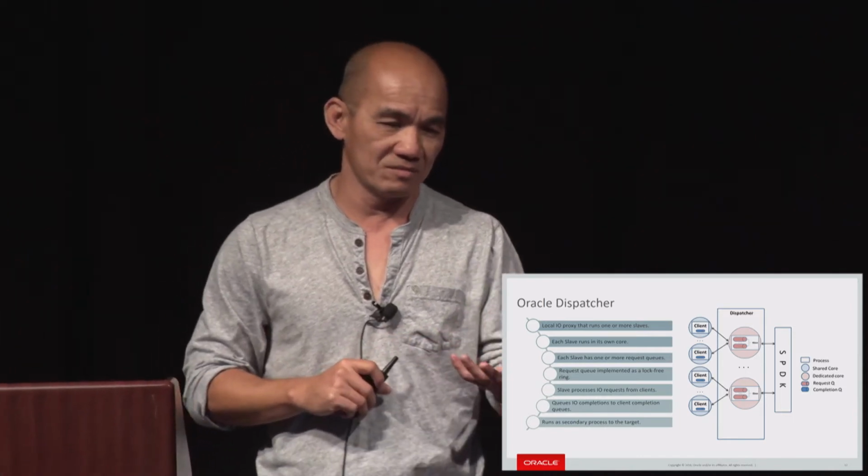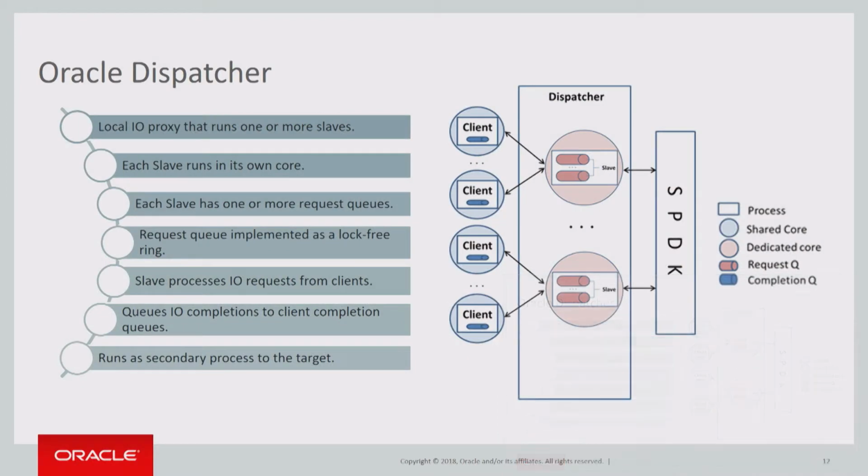So this is our design. The idea was to utilize all the available cores and add to the number of processes that the dispatcher can utilize. Our dispatcher model is based on a multi-core, multi-process design.